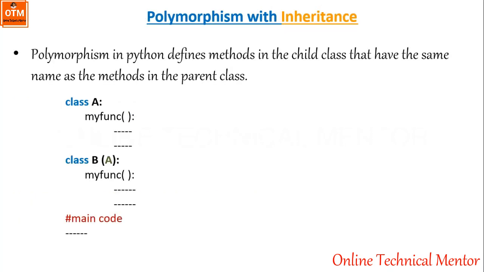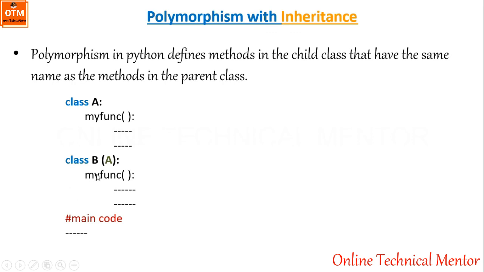Next, polymorphism with inheritance. I will discuss this after the inheritance topic, but for the time being, polymorphism in Python defines a method in the child class that has the same name as a method in the parent class. Look at the example below. Here are two classes, class A and class B. Class B is inheriting class A. So this is the way of inheriting a parent class.